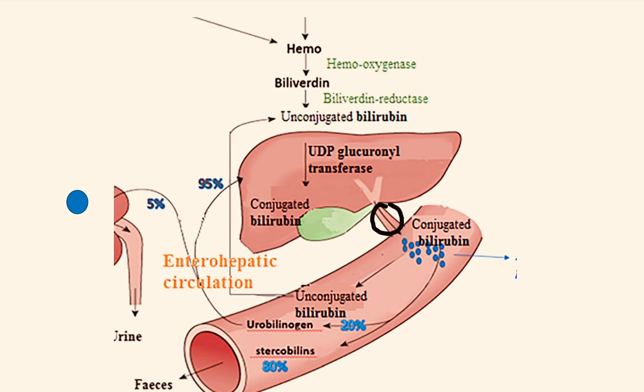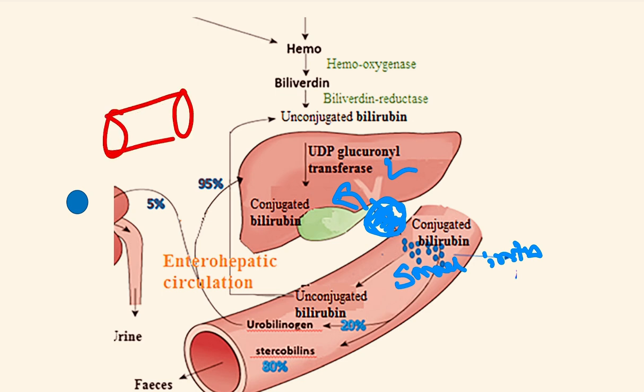Here we can see the common bile duct, and there is atresia of it. So the conjugated bilirubin cannot go from the liver to the small intestine, and for this reason it flows back, reaches the blood vessels, and increases the blood level of conjugated bilirubin. So that is biliary atresia in brief.